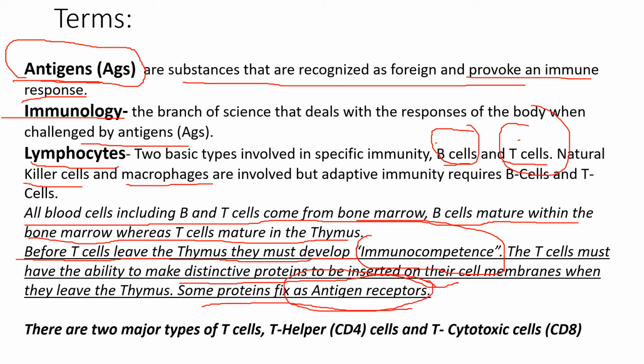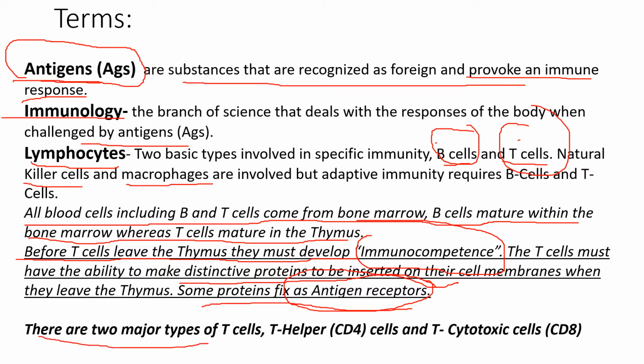So those proteins will be the guys who are going to grab the antigen, the bad guy, so to speak. Also, you want to be able to identify self from non-self. That's all part of immunocompetence too. So when you make these new T cells, they better not be attacking the human body, right? So we have to make sure that they can do that before they leave.